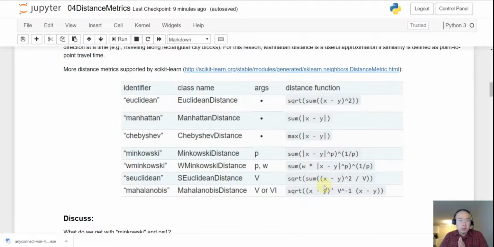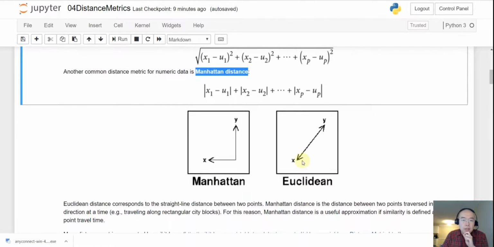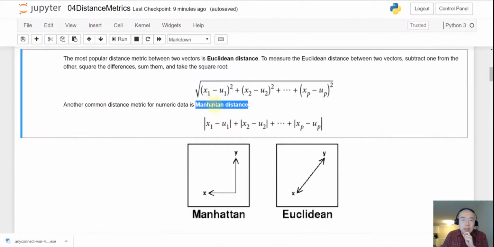The next one I want to talk about is Minkowski. This is another distance metric, and we have to specify another parameter p. That is another hyperparameter we want to specify. The rule is, if we take the Euclidean distance, then instead of doing x1 minus u1 to the power of 2, we can use a higher degree.